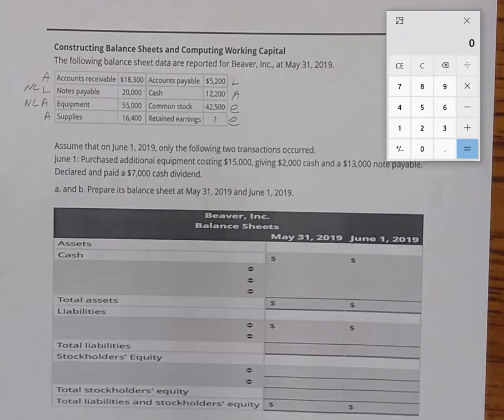But as I glance down through here, it looks like we're going to be looking at some of these figures as of May 31st, and then we're going to be looking at some the next day on June 1st.